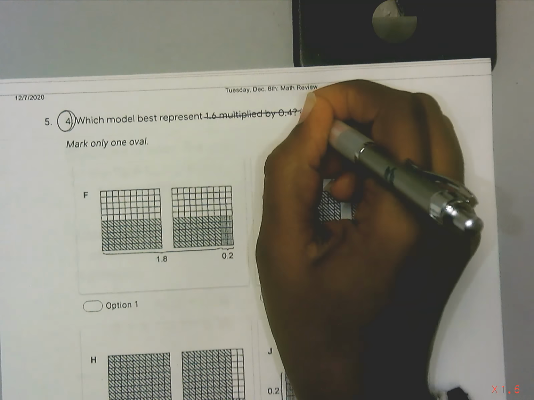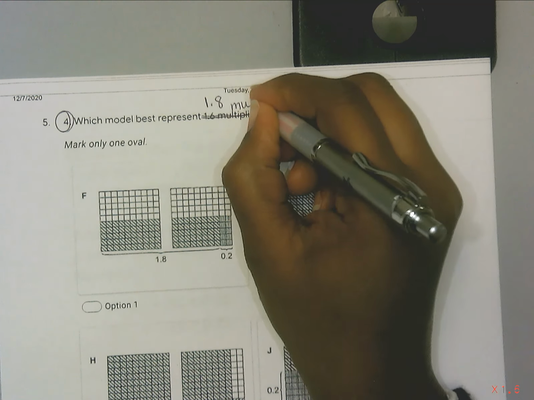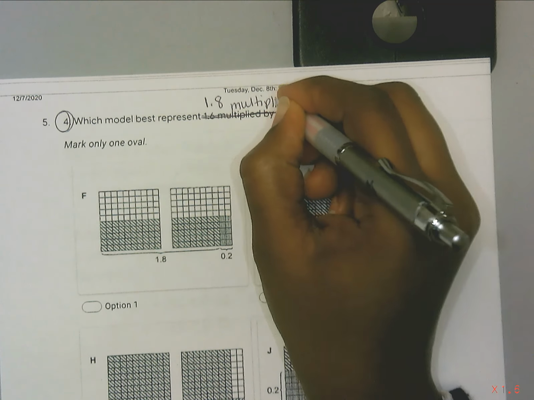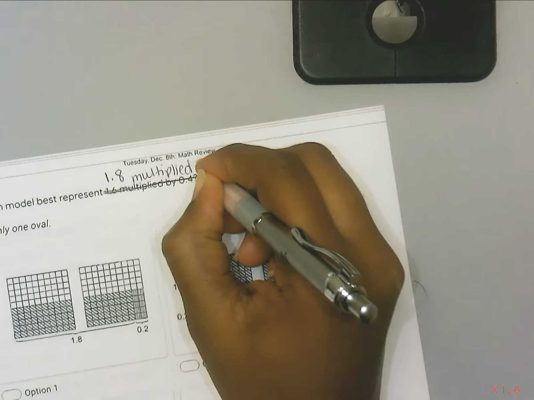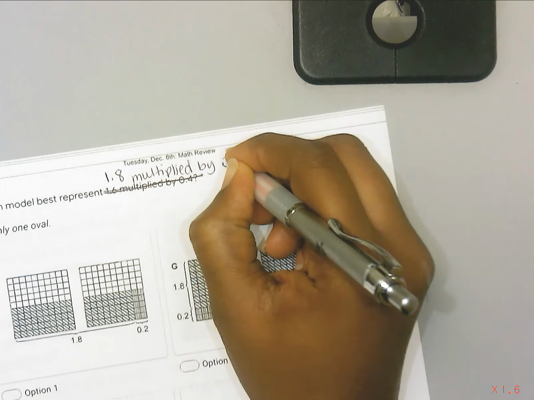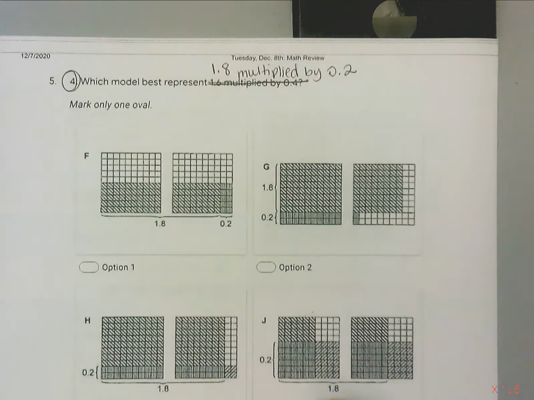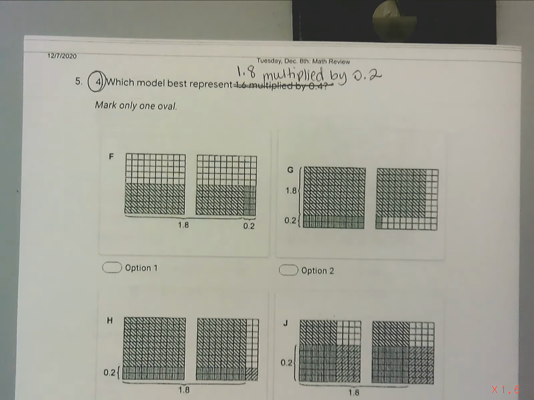I'm sorry. You should be doing represent 1 8/10 multiplied by 2/10. Okay, I'll make sure that's corrected on your Google form before you do it. So which model represents 1 8/10 multiplied by 2/10?